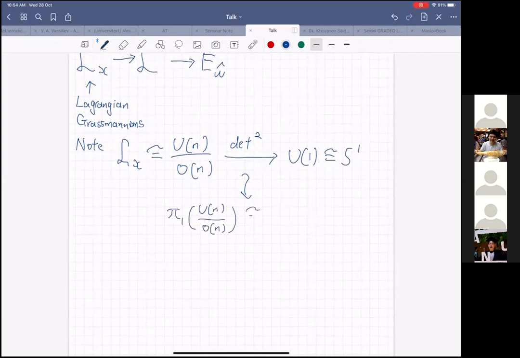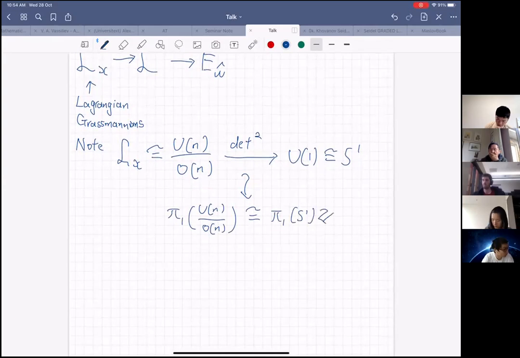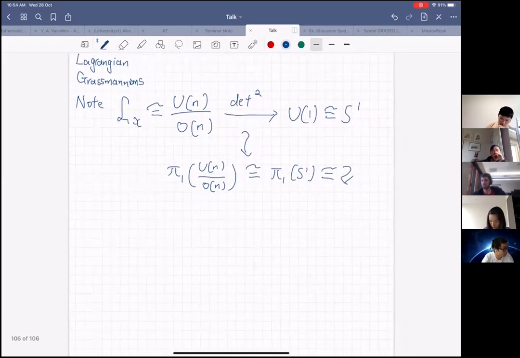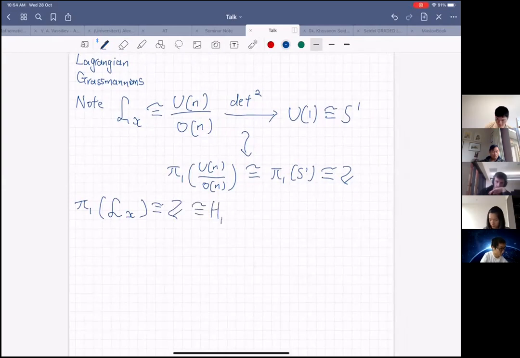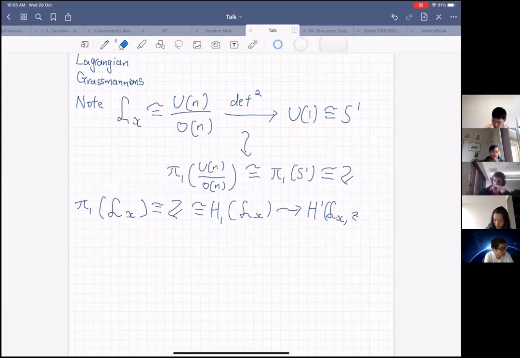So this is how you deduce that UN over ON has pi1 isomorphic to Z. So now we know that pi1 of the Lagrangian Grassmannian is Z. And since it is abelian, it is also the first homology of it. And we also get that H1 is also Z, maybe by some Poincare duality.